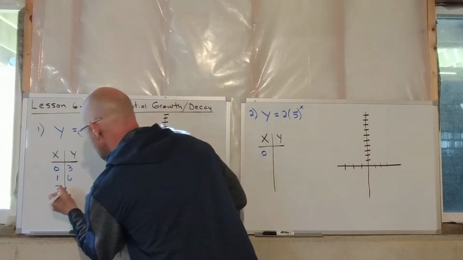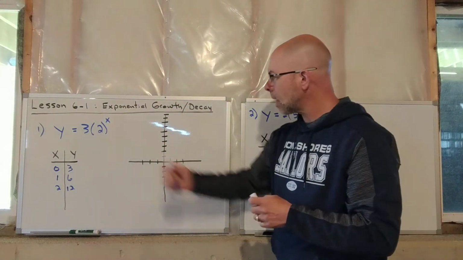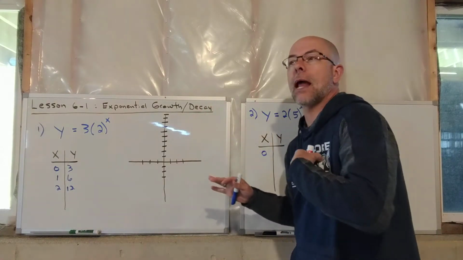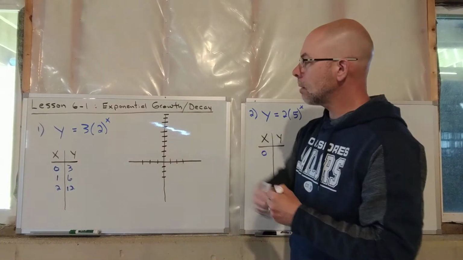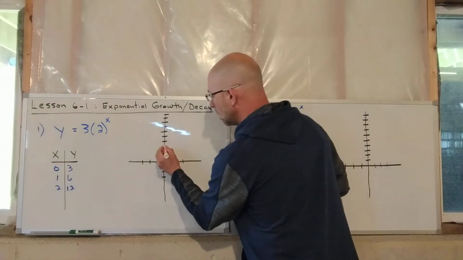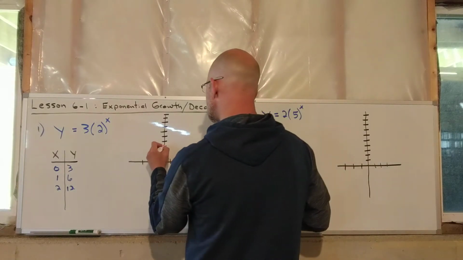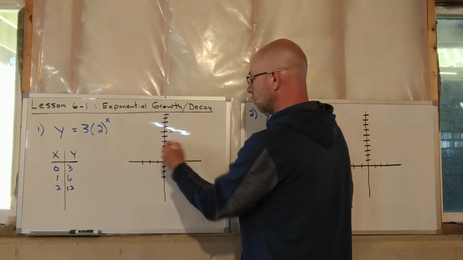Now, I'm going to write that, and I'm going to plot those points, and I don't quite have enough room here, but I kind of do. You'll see what I mean. I would do this in class even if I didn't scale it enough. But anyway, here we go. 0, 3 is right there. 1, 6 is right there. 1 over, 6 up.